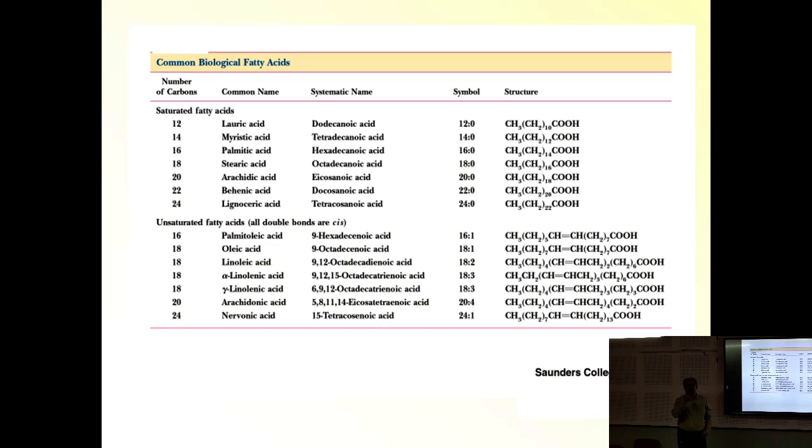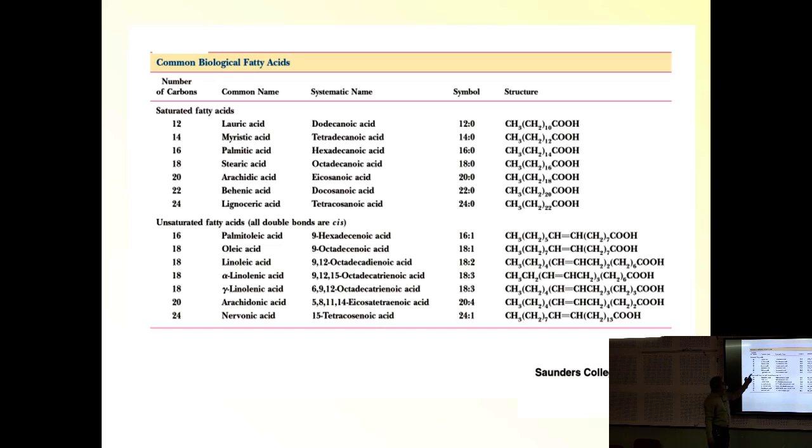Generally we do not ask about alpha and gamma, but remember this fatty acid is very important for our brain, and it is the precursor for DHA and EPA, docosahexaenoic acid and eicosapentaenoic acid. These two fatty acids are essential for our memory as well as brain function. So alpha linolenic acid, ALA, is very important.